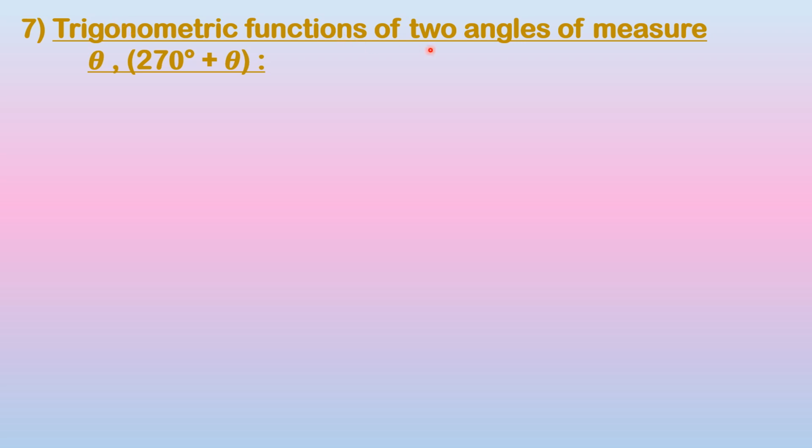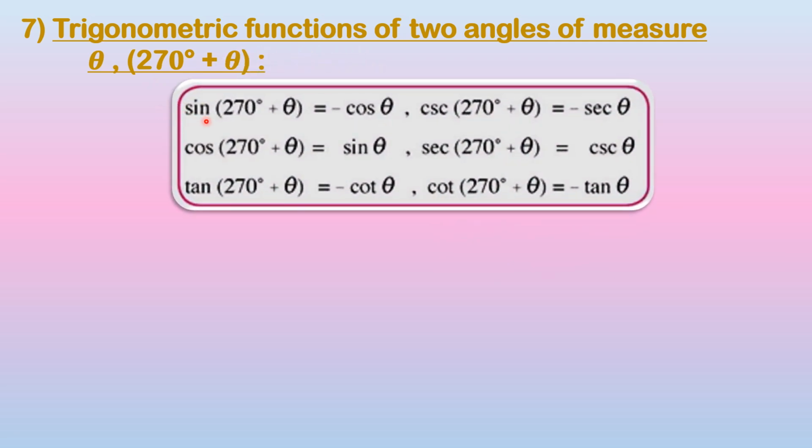Trigonometric functions of angles of measure θ and 270 plus θ. As we see, 270 plus θ is in the fourth quadrant. In the fourth quadrant, the cosine and sec are positive, but sine, cosec, tan, and cotan are negative.